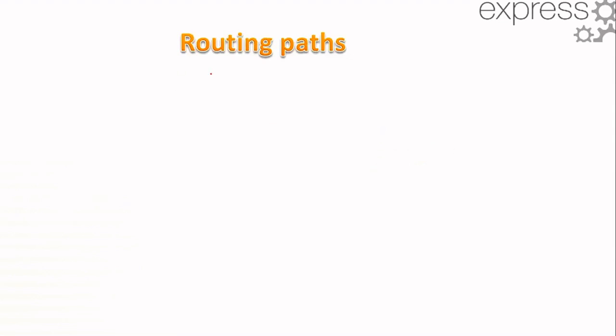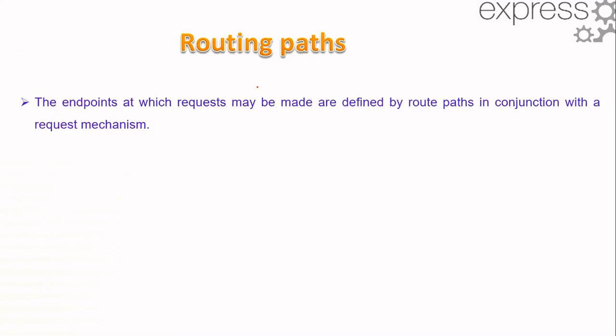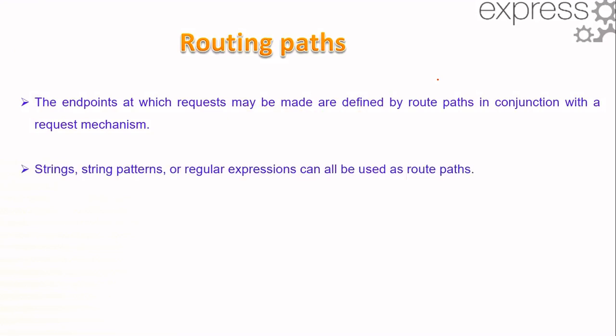We have to give a URL-specific path. That path indicates the endpoints at which a request may be made, defined by the route path in conjunction with a request method. There are various ways to give a path.